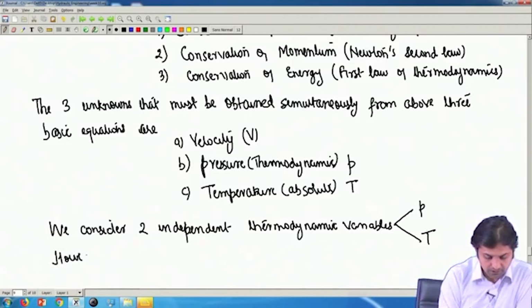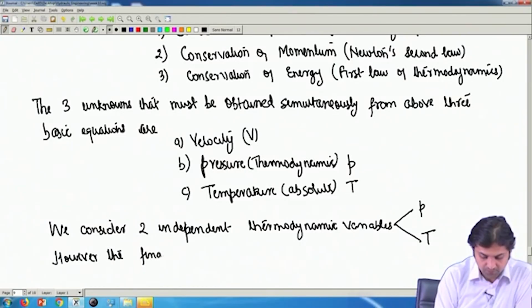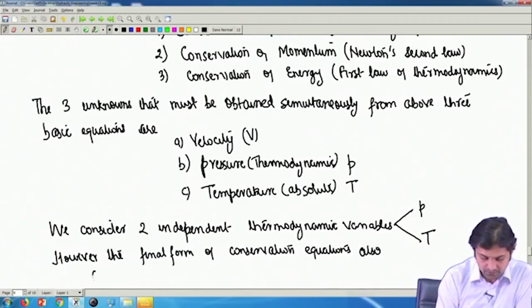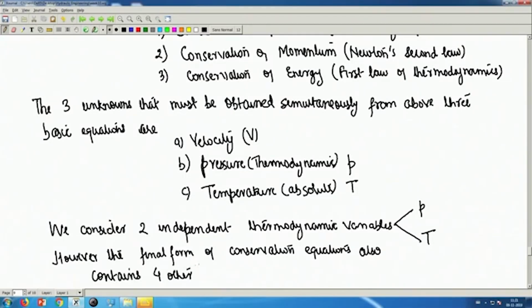However, the final form of the conservation equations also contains four other thermodynamic variables. And what are those variables?